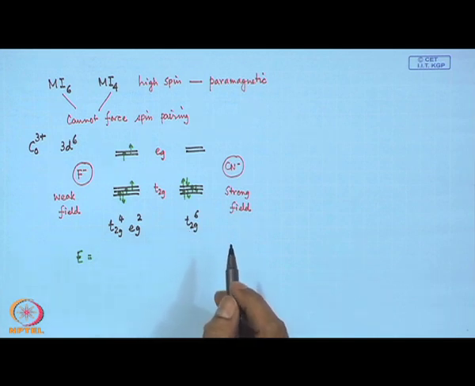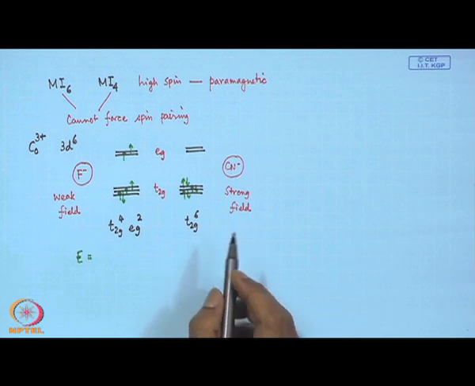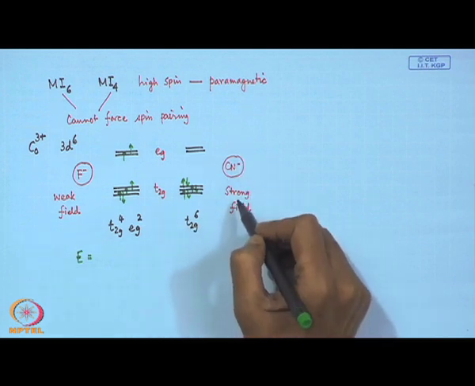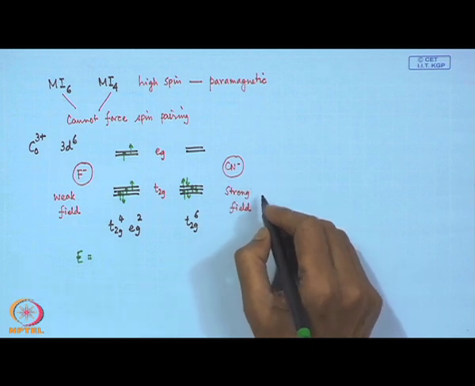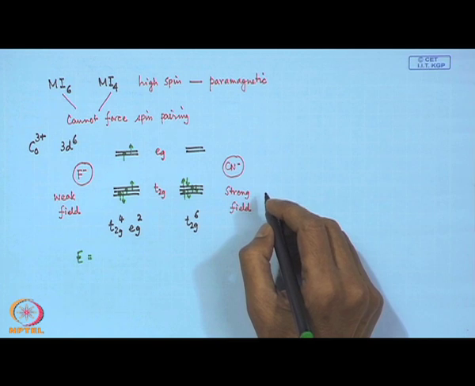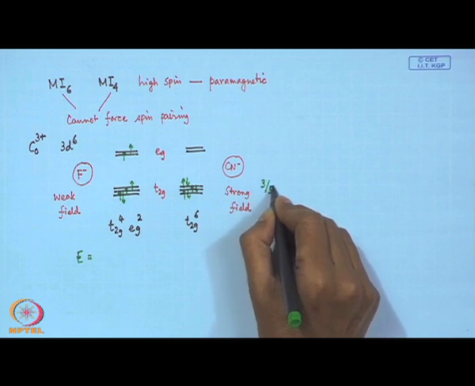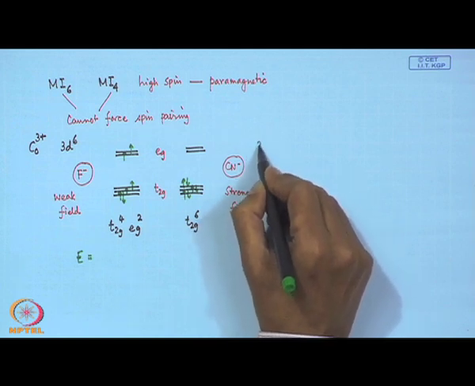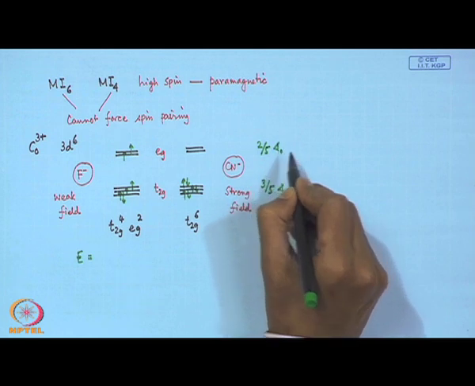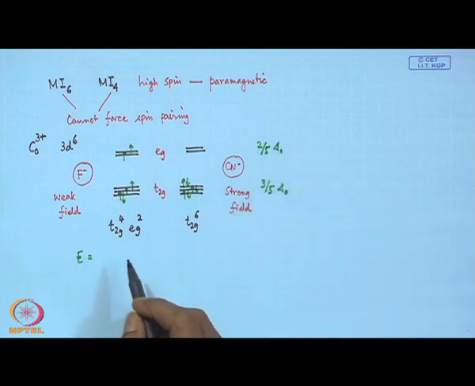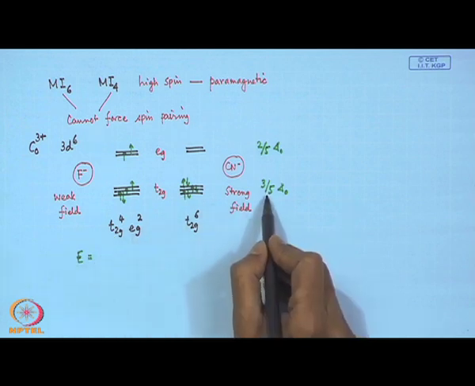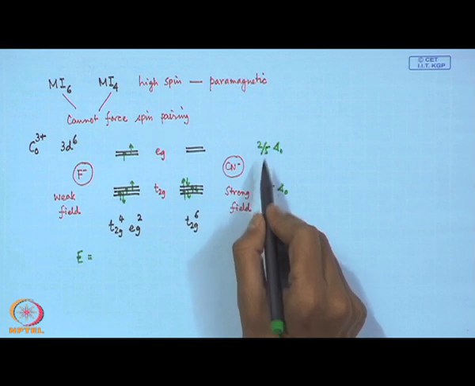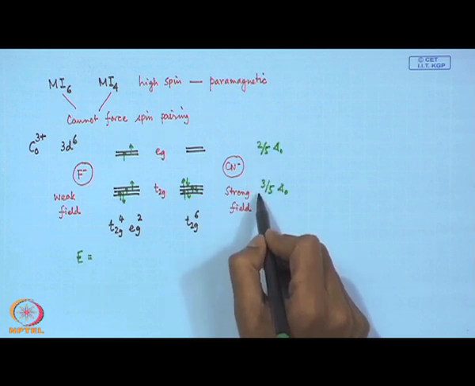As we have seen earlier, the T2G level is stabilized by 3/5 delta O, and the EG set by 2/5 delta O. So, the 4 will be multiplied by this value and the 2 by this value, and this stabilization is negative in sign.